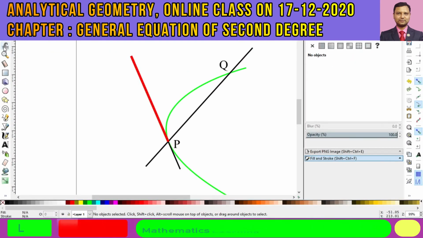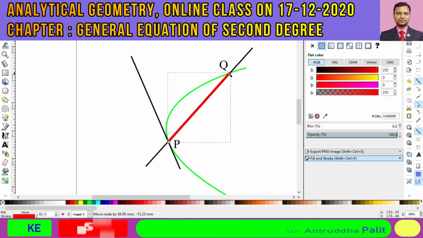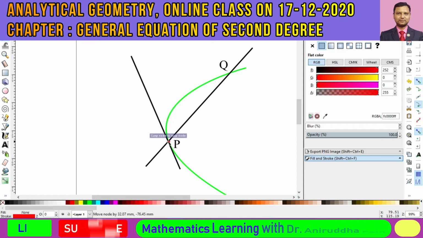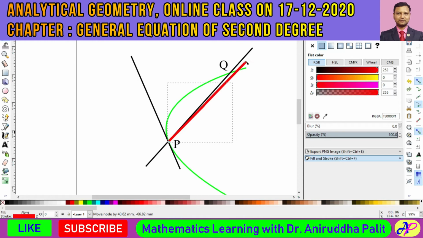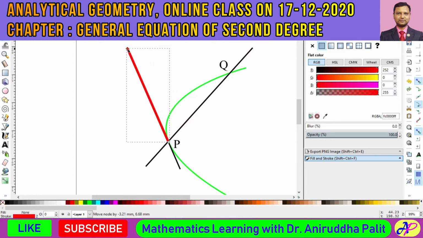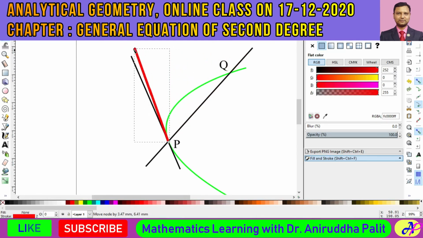You see, I told you earlier that this kind of straight line, this is the point P. So as the point Q moves towards the point P and ultimately coincides with this P, then this straight line will become coincident with this tangent.